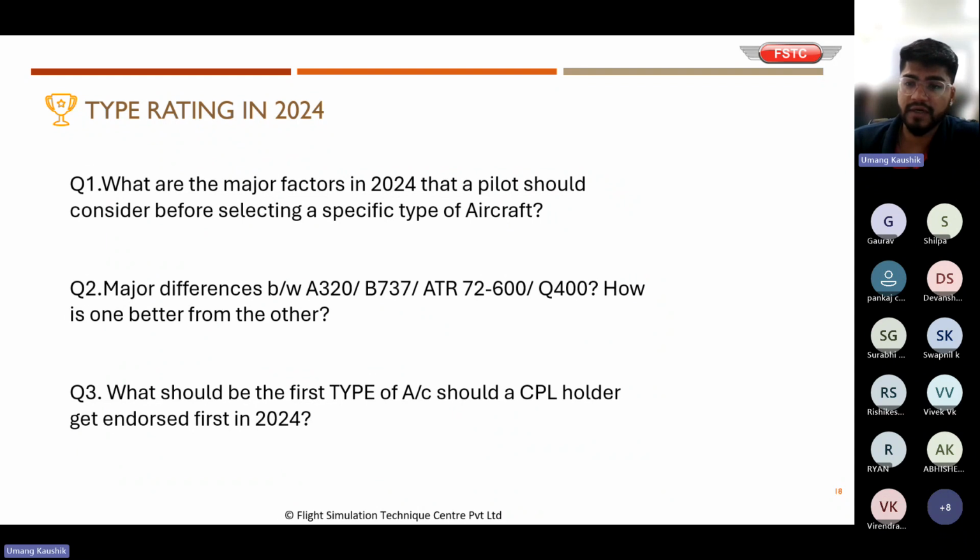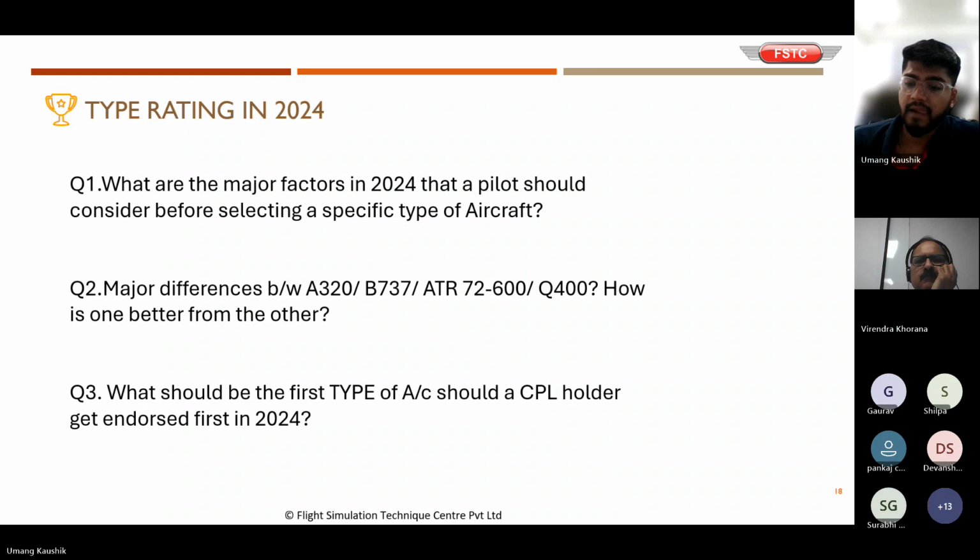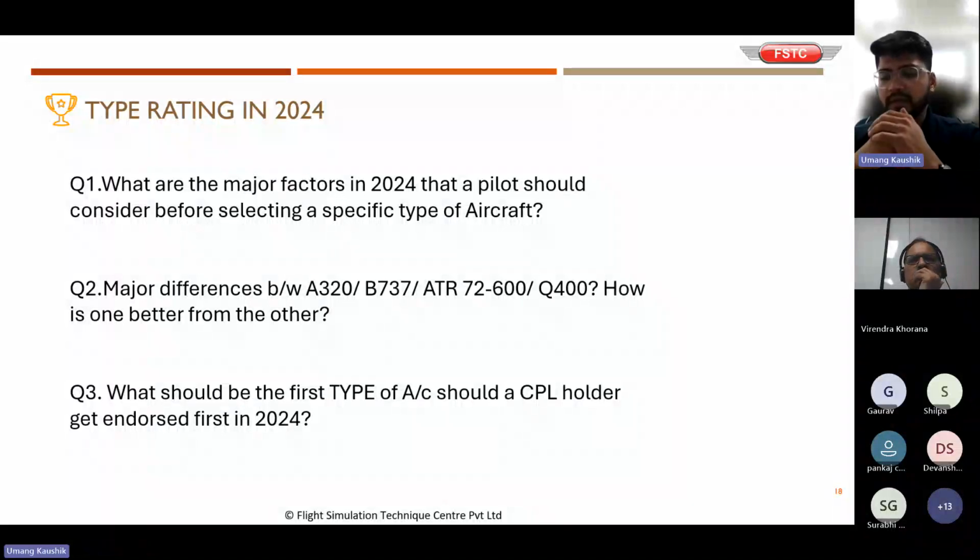She got a job security, and that's not even a job security. For example, let me tell you. So, for example, you are just a CPL holder. You guys are CPL holders.